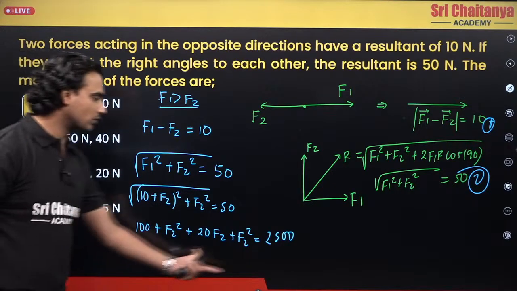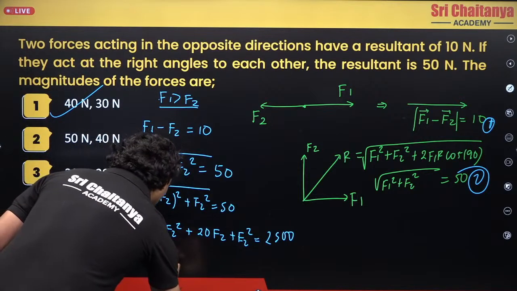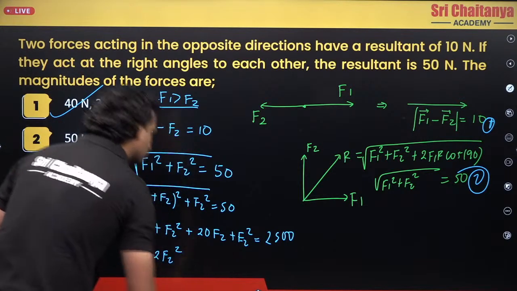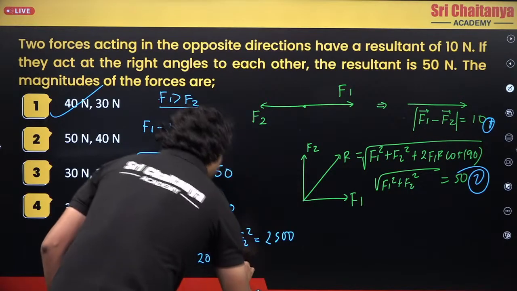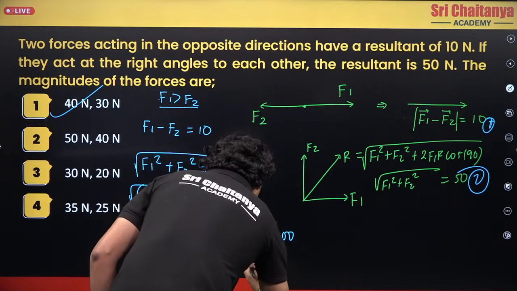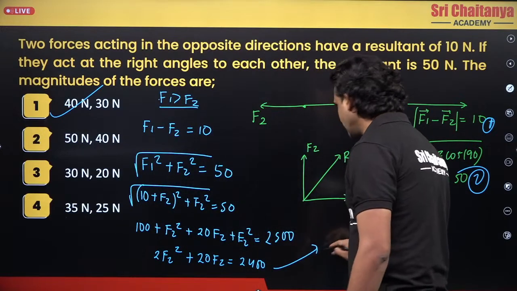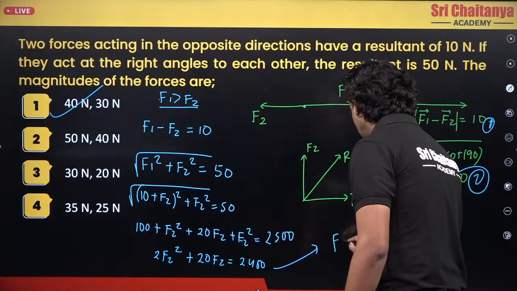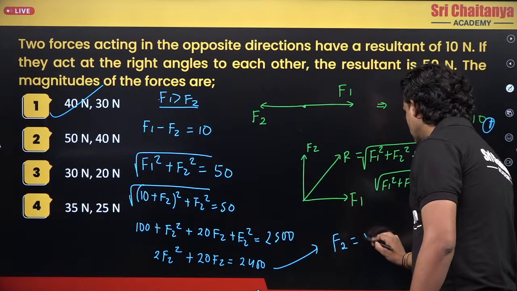This is a quadratic equation: 2F2 square plus 20F2 is equal to 2400. When you solve this quadratic equation, I will get F2 as equal to 40.